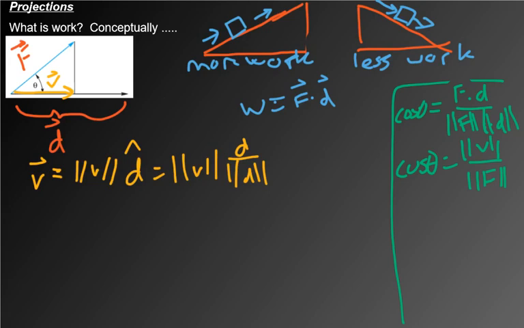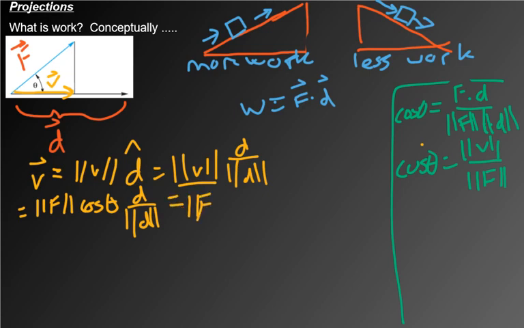If I have a v, I could swap it out by solving for v. That's cosine theta times the magnitude of f. So I'm going to write the magnitude of f times cosine theta times d over the magnitude of d. Now I'm also going to swap out that cosine theta.